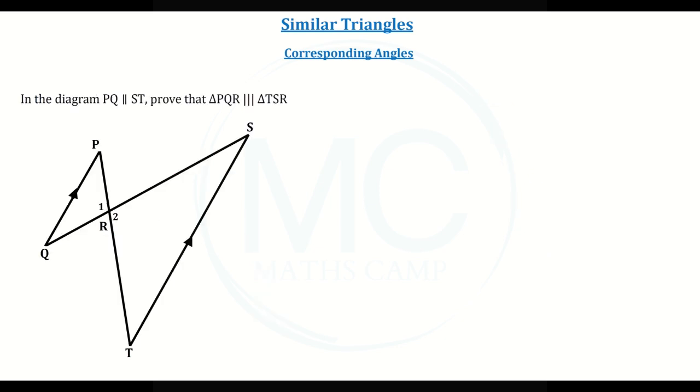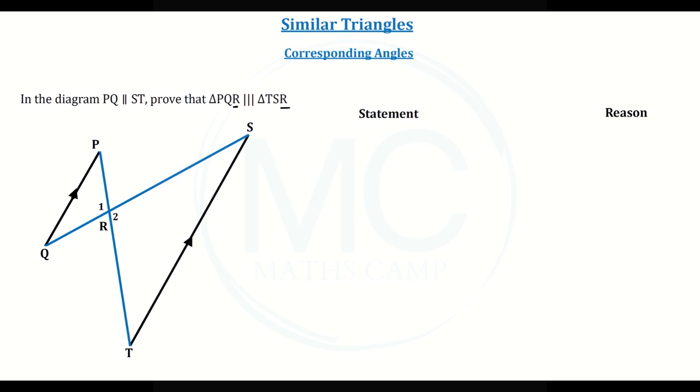In the diagram, PQ is parallel to ST. Prove that triangle PQR is similar to triangle TSR. Now we need to write down our statements and give our reasons. The first thing we can see is that line PT crosses SQ at R. R is the third letter in PQR and the third letter in TSR.